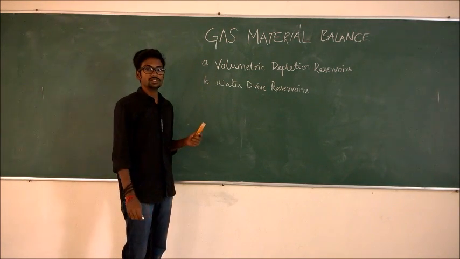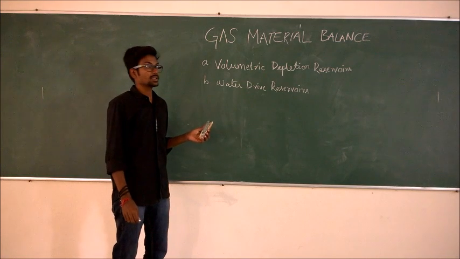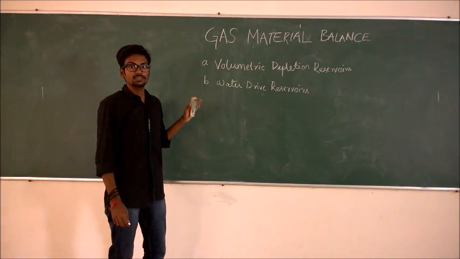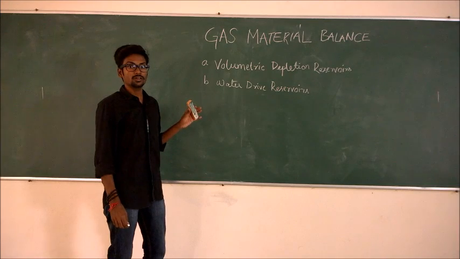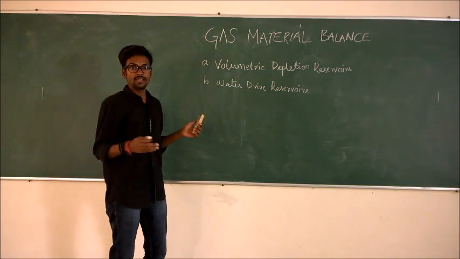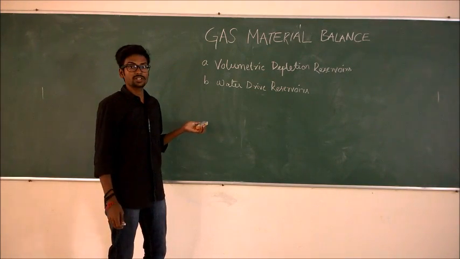Basically, the volumetric depletion reservoirs are those in which, due to the production, there is a decline in the pressure, but we don't consider the effect of the water aquifer affecting the production.